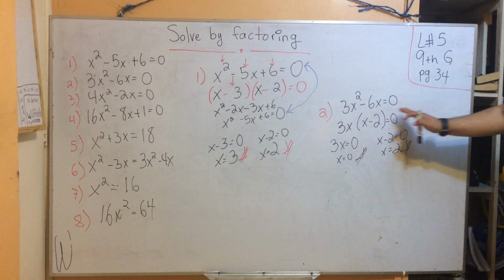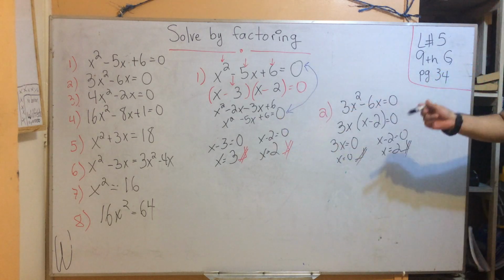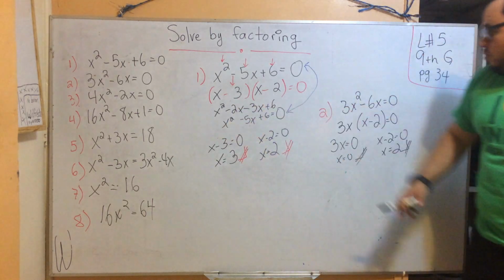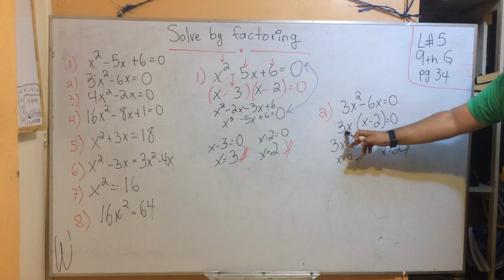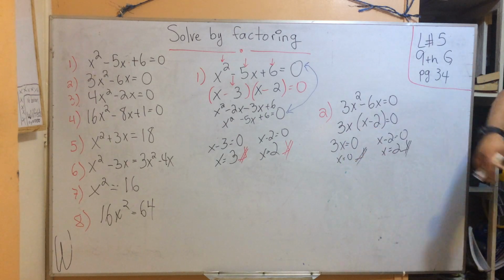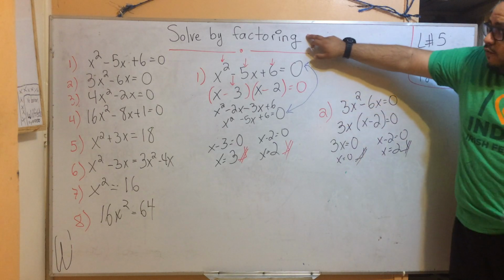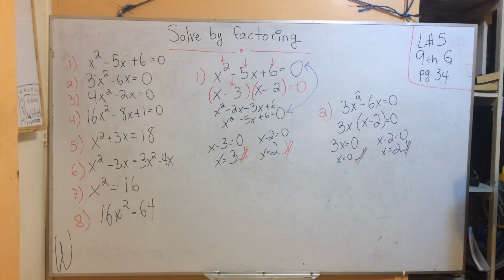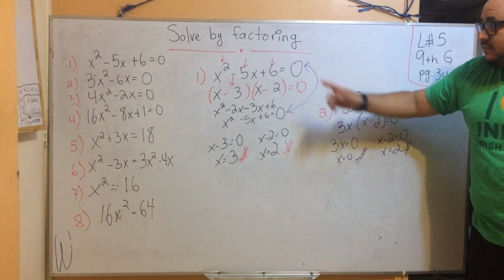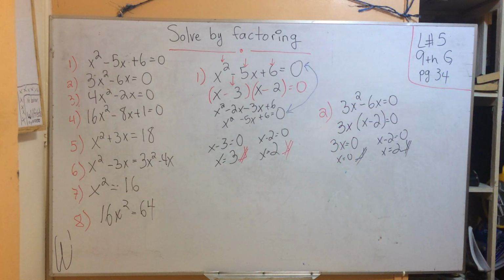So this one is a little bit different from the previous one. We do not need to find 2 terms. We just need 1 inside, and we equal the other term to 0 as well. So remember, when we're factoring, we're looking for the terms that are going to make this into 0.